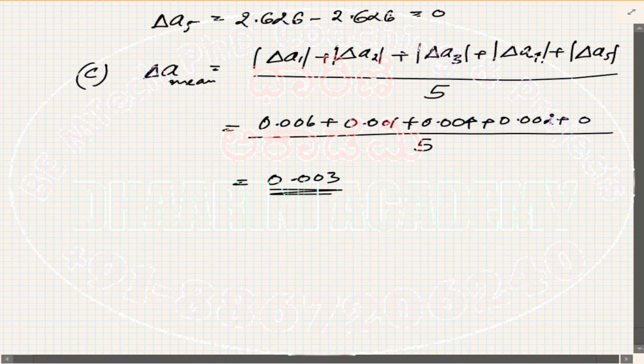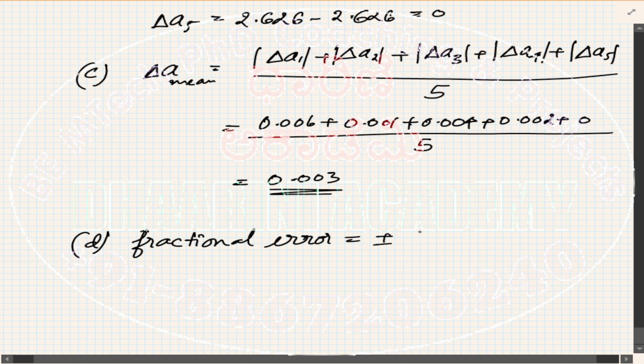Okay, then part D of the question says fractional error. So how do you measure fractional error? It can be positive or negative. This is delta A mean divided by AM.